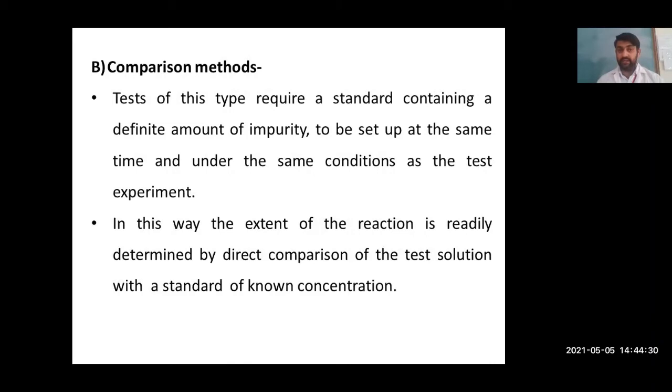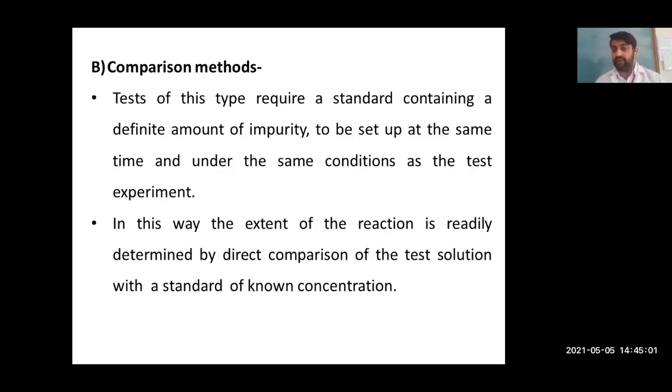You can judge only by their limit test. Comparison methods. Tests of this type require a standard containing a definite amount of impurity to be set up at the same time under the same conditions as the test. What is the comparison method? In the comparison method, we compare one standard with the test. The standard contains a stated amount of impurities that may be 2 ppm, 5 ppm, 6 ppm, 8 ppm or 10 ppm, and we compare the test against the standard.